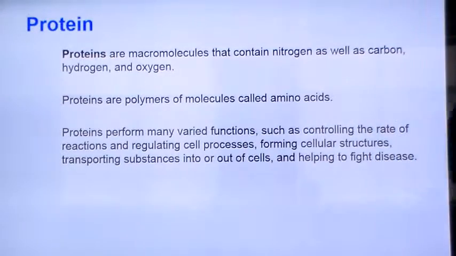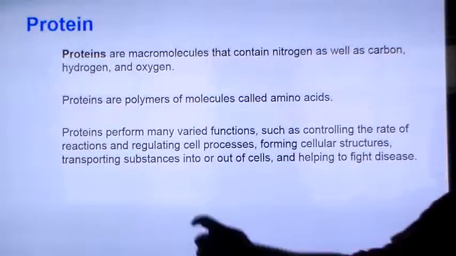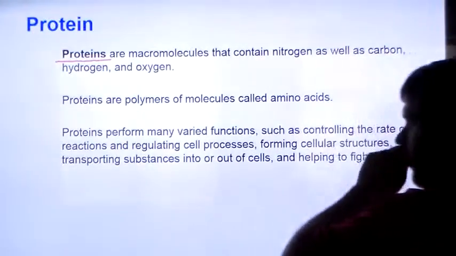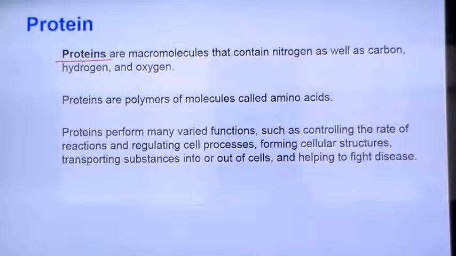The last macromolecule, the fourth and final, are proteins. Proteins are made up of a monomer that's called amino acids. Amino acids make up proteins. Proteins have a whole bunch of functions as far as structure, repair, helping build stuff.